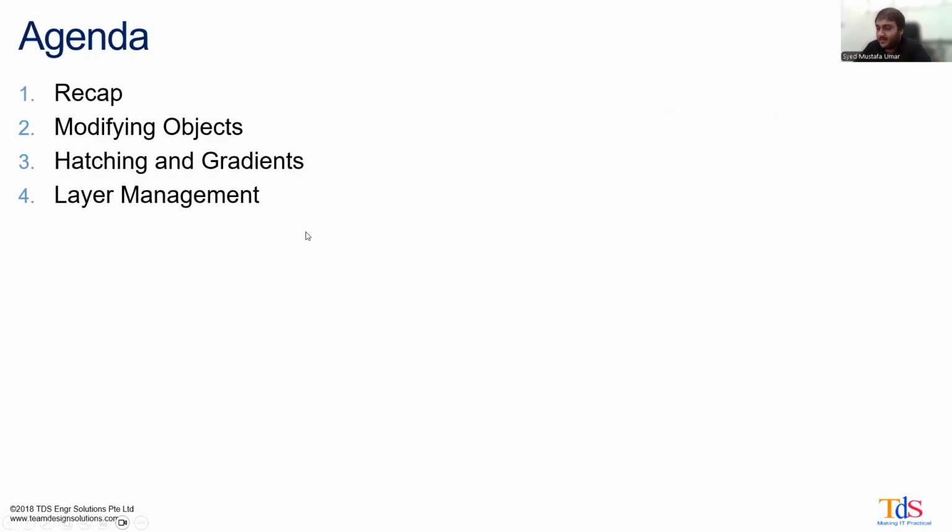So we are going to be focusing on four things primarily for today. Or I guess for the first session, sorry, for the first part. First of all, it's going to be a small recap, take a few minutes to understand what we did last week in the last session, which also consisted of two parts. Next, we're going to look at how we modify objects.